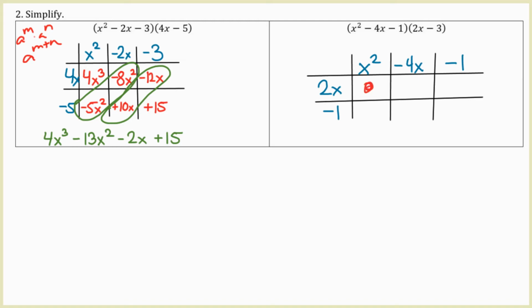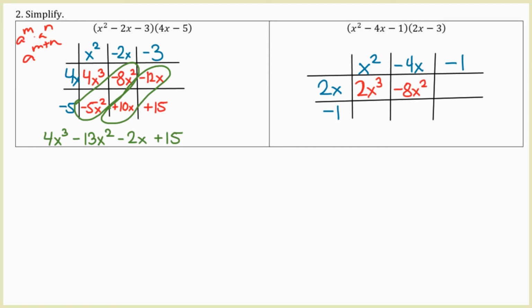So this box right here is going to be 2x times x squared. So 2 times 1, 2. x^1 and x^2 are going to be x^3. The next one, we have negative 4 and the 2 make negative 8. x^1 times x^1 is x^2.